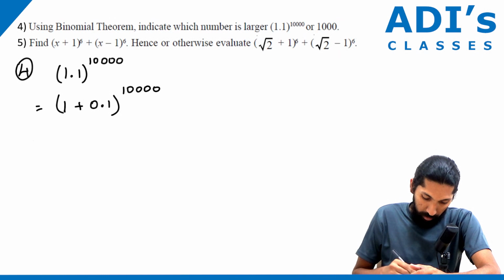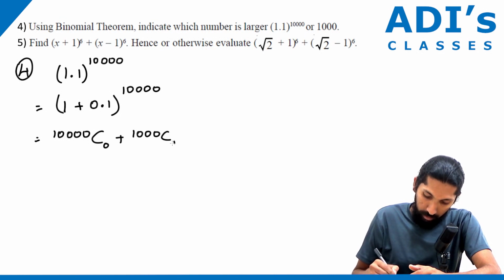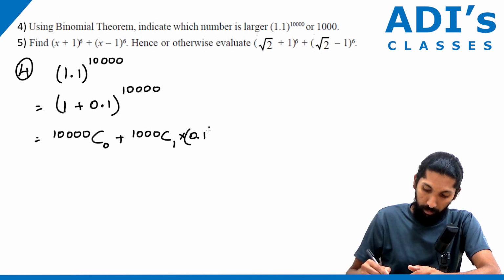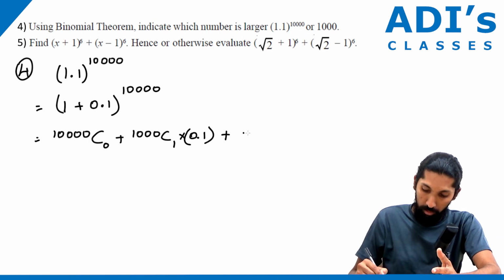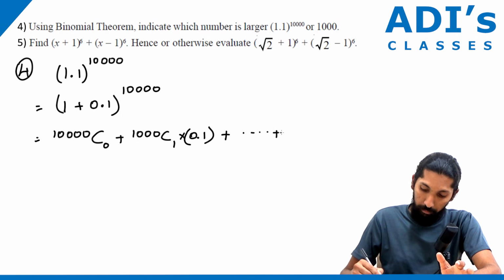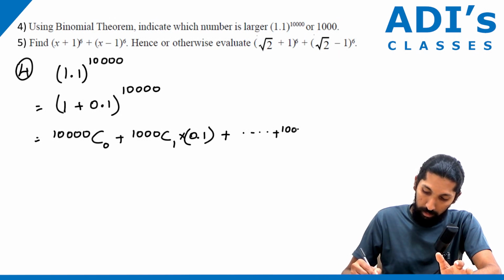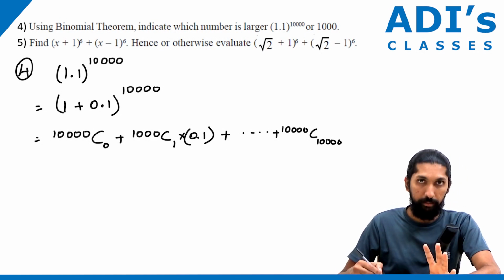So first is nc naught, which is 10,000 c naught plus 10,000 c1 into 0.1 plus 10,000 c2, so on and so forth. Now remember, the last term is going to become 10,000 c 10,000 into 0.1 power 10,000, correct?